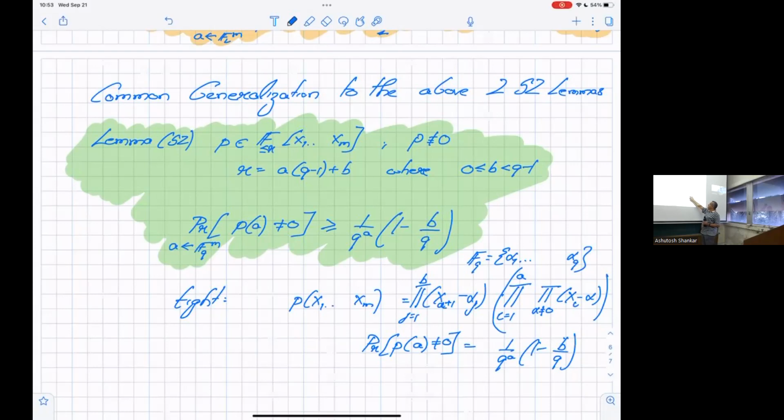For the other one, I would like to pack as much as possible, but the degree constraint does not let me. It only lets me go up to b, because I've already exhausted a times (q minus 1) over here. Here I'm taking just b values, because that's how much the degree permits.